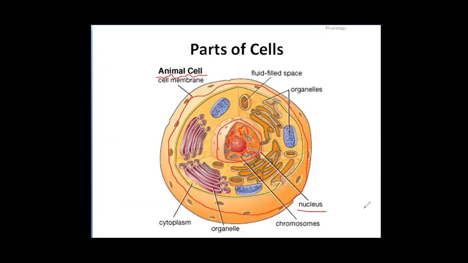Inside the nucleus, we have chromosomes and the DNA in the chromosomes. For human beings, we have 23 pairs of chromosomes, with millions of DNA inside. So that's mainly what is inside the nucleus.